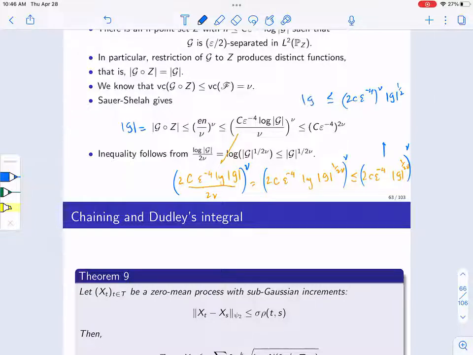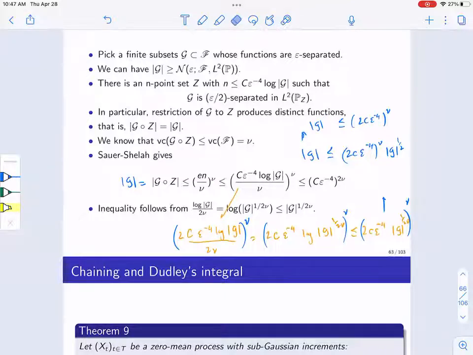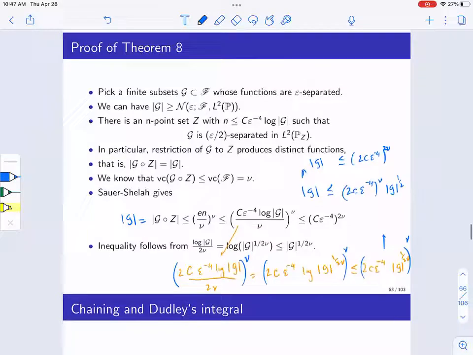So I have G less than this, and then this gives me basically G to the 1/2 less than 2C epsilon negative 4. And then I just multiply by 2, I get this, which is the result we want. So this is an upper bound on the covering number. And so we have an upper bound.